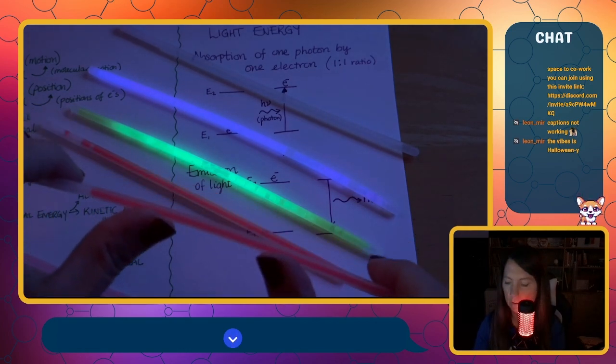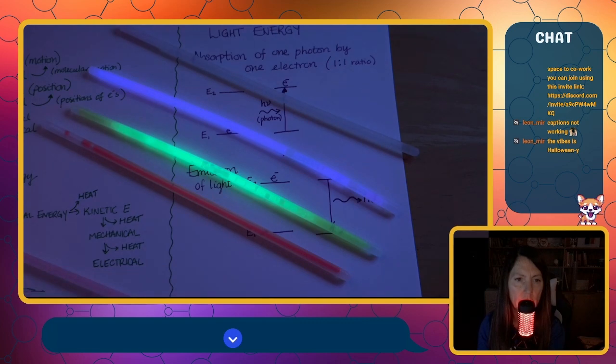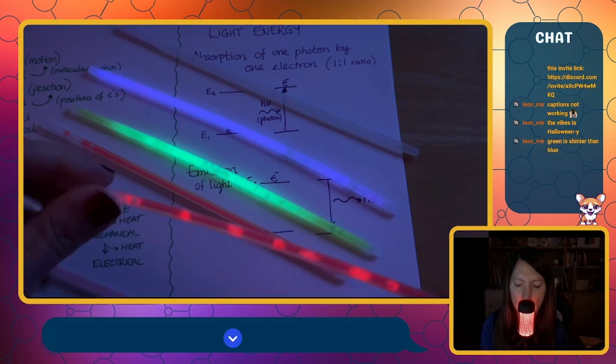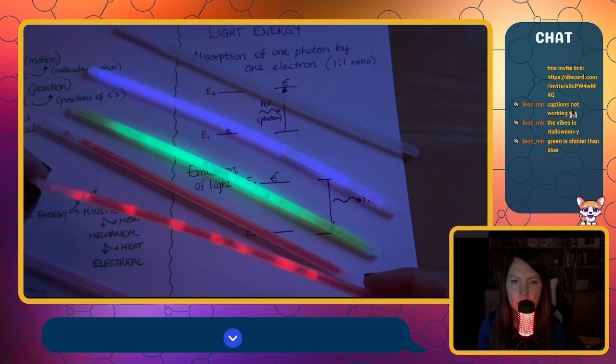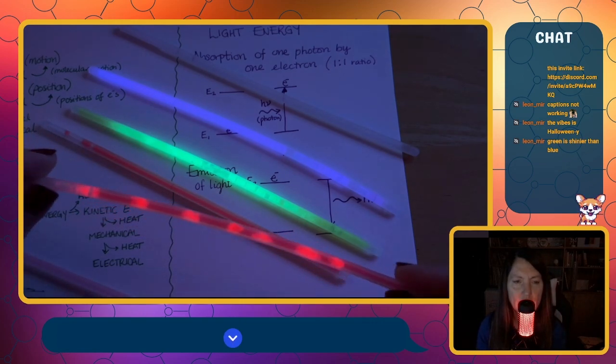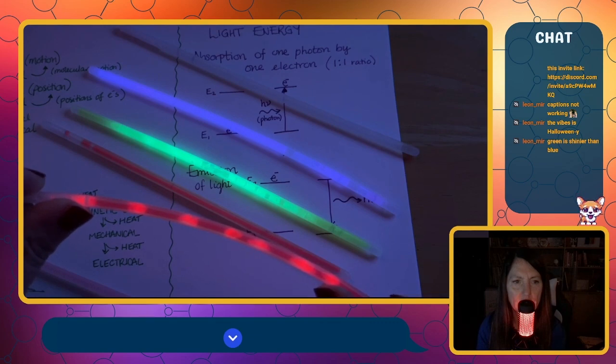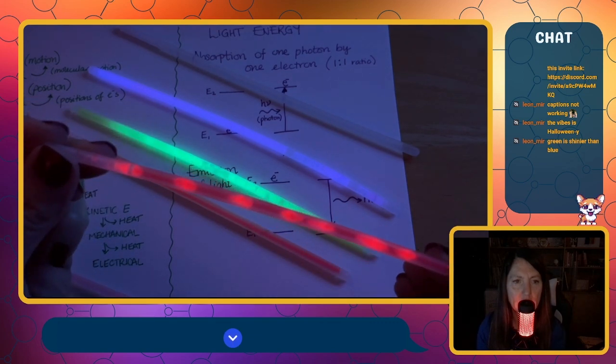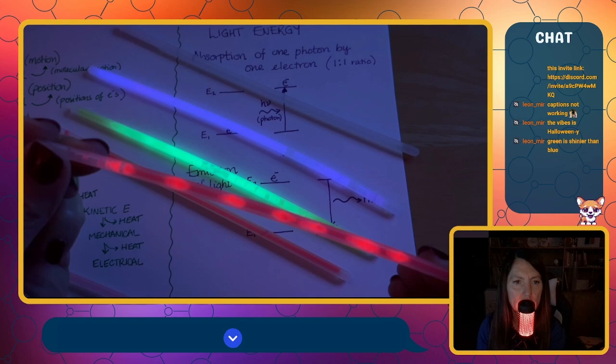Okay. So here, I'm going to snap it. Yeah, the green is a lot shinier than the blue. Let's see if we can watch it disperse. Yeah, it is spreading out, huh?